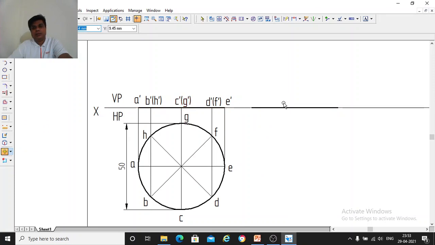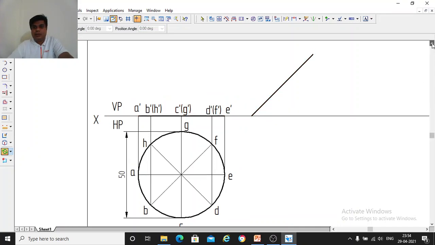So this line, we measure the length of this line E dash, and draw it here at 45 degree. So draw this front view at 45 degree.